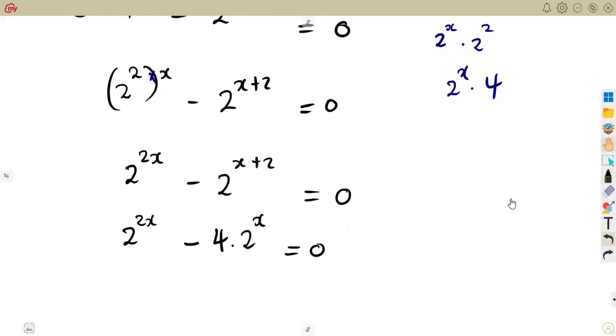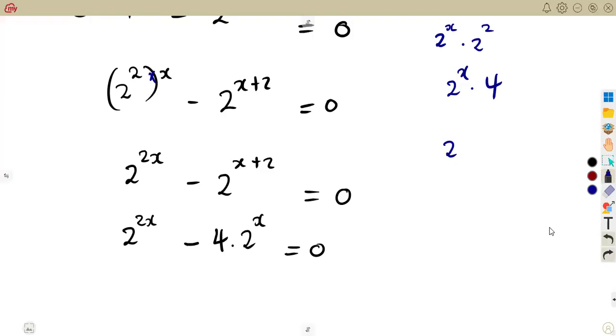There's an interesting part of our question here. This is 2x. Like I said before, this is x. You can separate this in the same simplification of this 2 to the exponent of x.